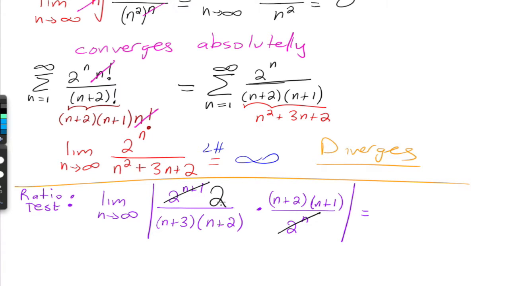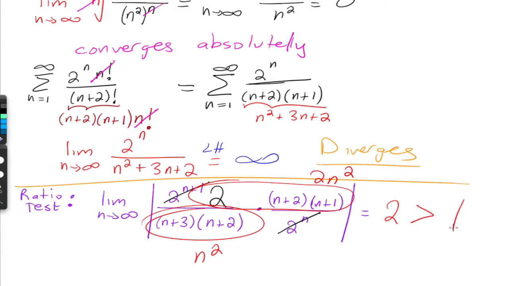I have an n squared, but it's actually a 2n squared, right? So the dominant term in the numerator is 2n squared. And the dominant term in the denominator is just n squared, right? So if you take the limit of that, just by looking at the dominant terms, this is going to equal 2, which is greater than 1.